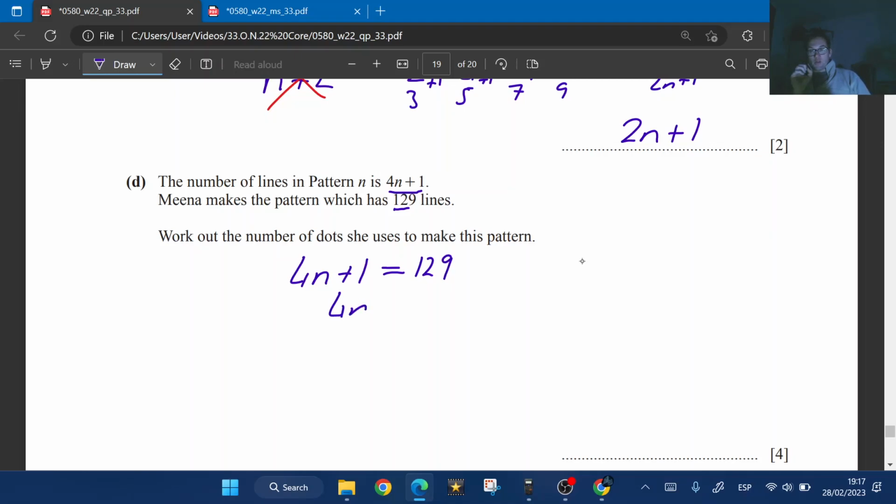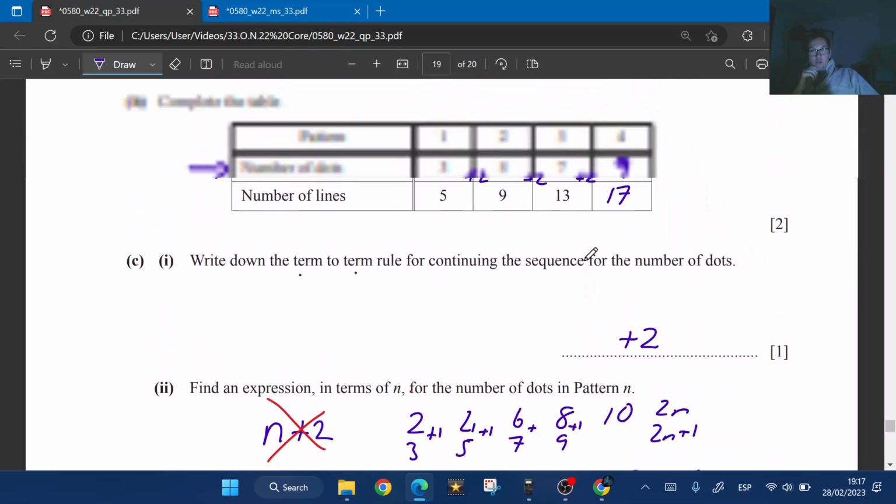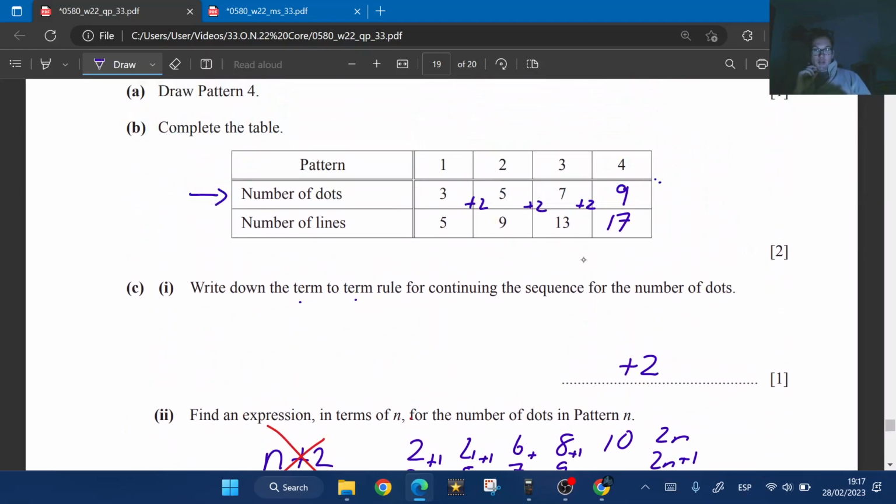So let's solve this. First subtract 1 from both sides to get rid of that 1. That's 128. Then we divide by 4, which will give us 32. So if we continue this pattern up to the 32nd one, the number of lines will be 129.